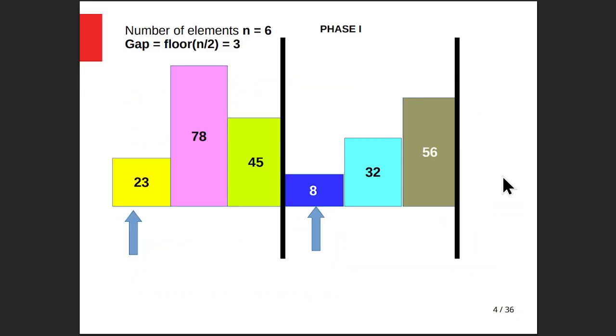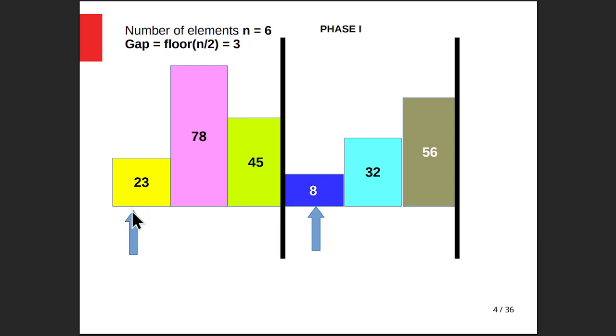Okay. So here are 6 elements. So the gap here is n divided by 2, which is equal to 3. So we are taking the floor so that if there is any fractional part, we might ignore that. So here we have 2 partitions with gap as 3. Okay, so this is partition 1 and partition 2.